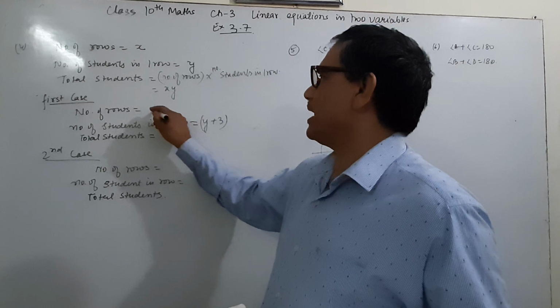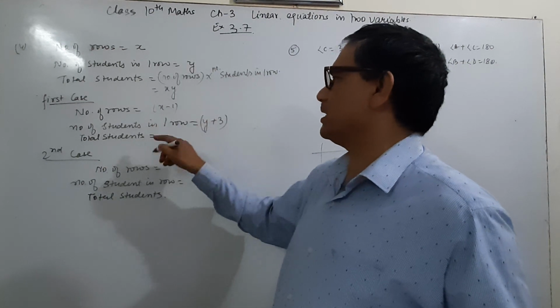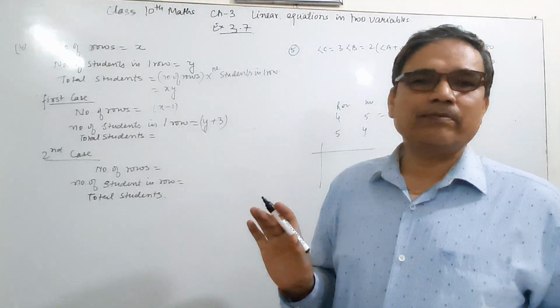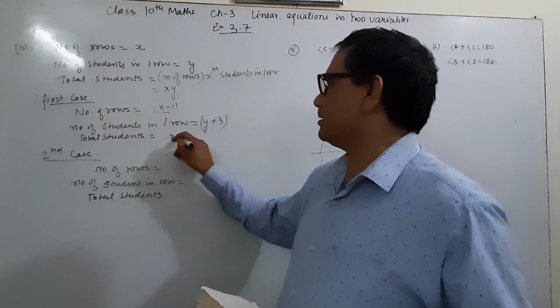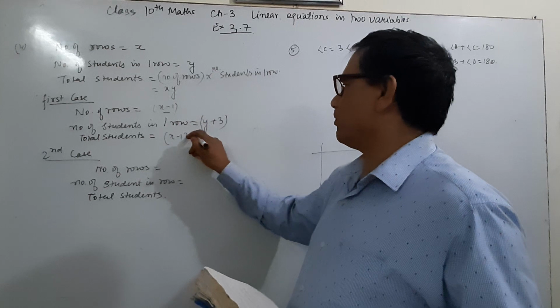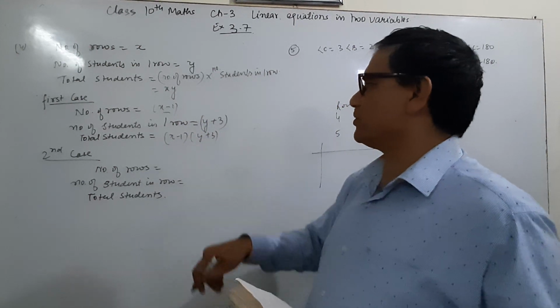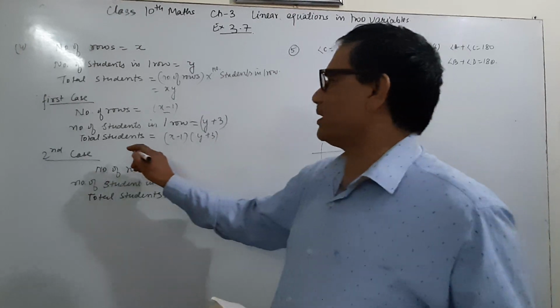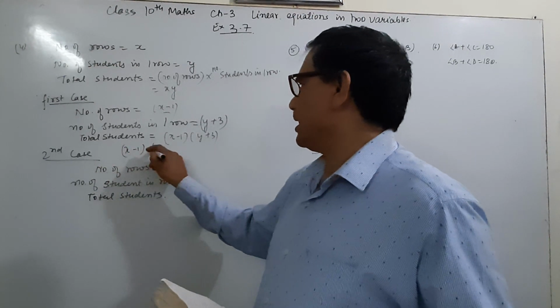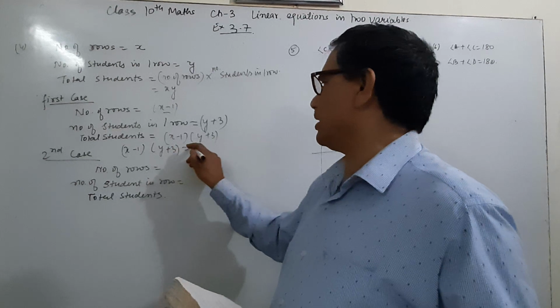One row is less means x minus 1 rows. Then the total students will always be the same, means x minus 1 into y plus 3 is equal to xy.